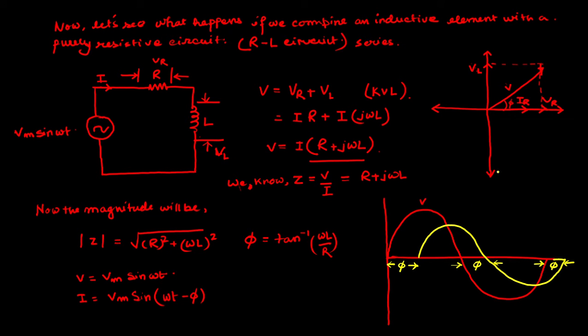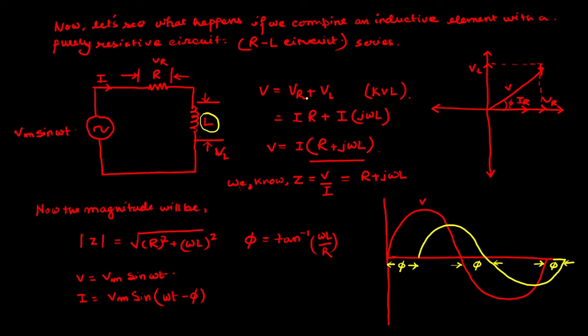Now, let's see if we place an inductive element in a purely resistive circuit. So the resistive circuit has a series inductance with it. Now here, using KVL, we can write that the supply voltage has two drops, that is the voltage drop across the resistance and the voltage drop across the inductance.